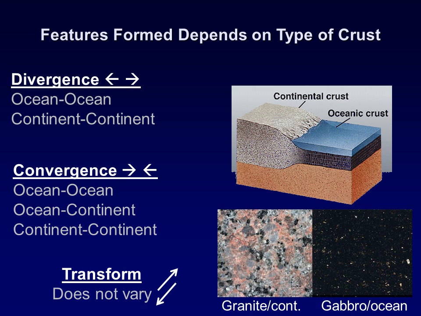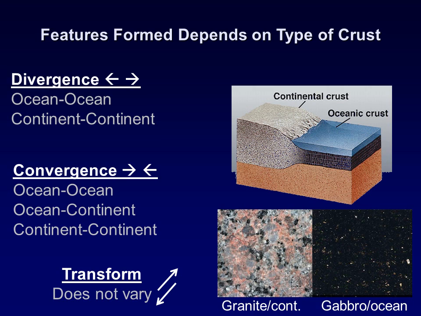That's the feature that's formed at an ocean-ocean divergent boundary. At a continent-continent divergent boundary, where a continent is breaking apart, we end up with a continental rift. So that's a totally different feature depending on the type of crust. The same thing goes for convergence.